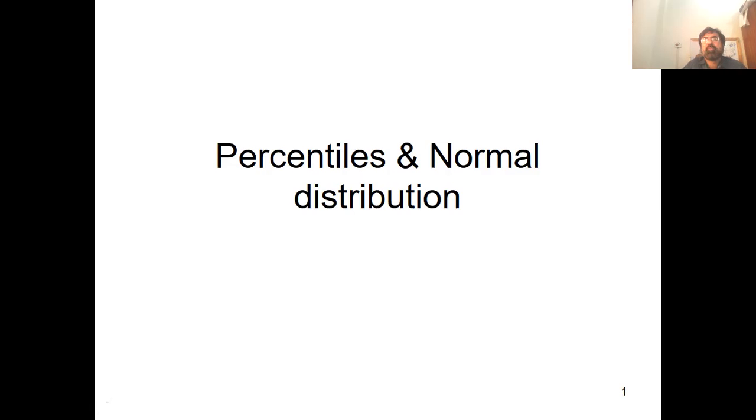So if you know the score, you can calculate the Z-score, and from the Z-score, you can calculate the percentile of that person. And also, if a person is in a group, a percentile, for example, the person is in the 90th percentile, what will be his score?